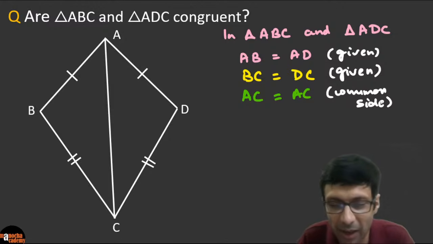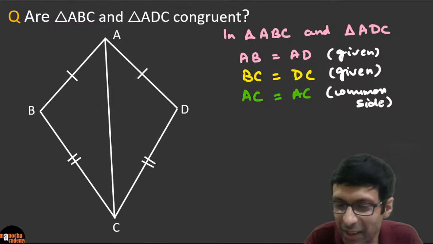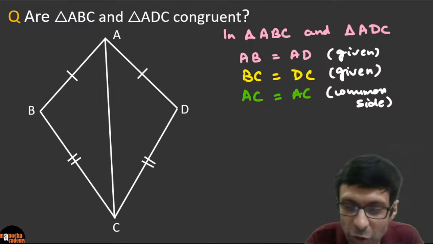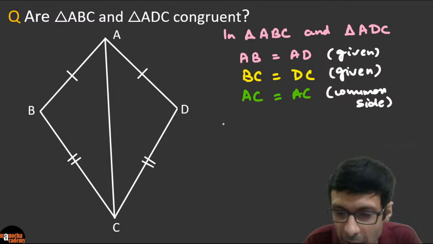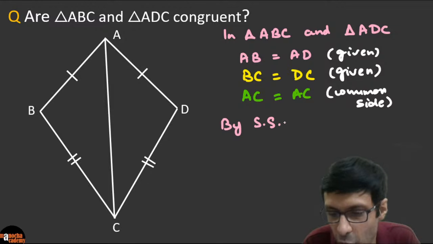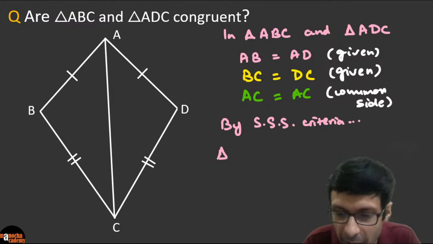So this shape, yeah, it looks like a kite, right? I think so. These two triangles ABC and ADC are absolutely congruent because, don't forget to write, by SSS criteria, right? So by SSS criteria, what do we have? So triangle ABC, we'll write that in our convenient order, and you can see that is congruent, right?